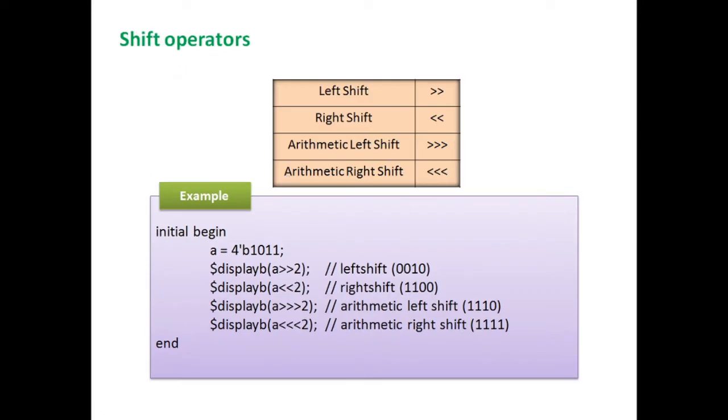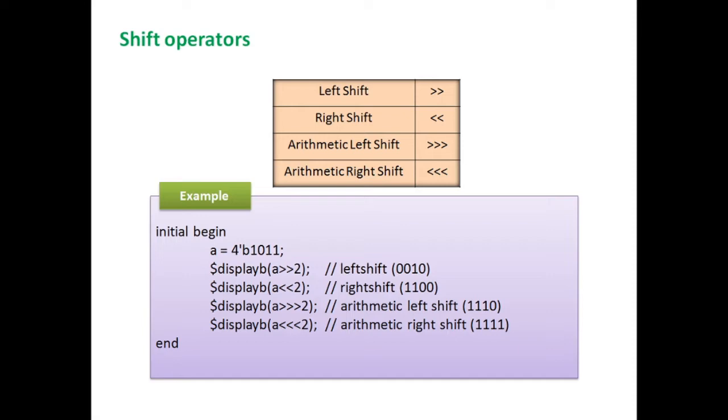So the next one is the shift operations. The shift operation is the most notorious operator whenever you are performing multiplications, or it is highly employed in arithmetic and logical operations.